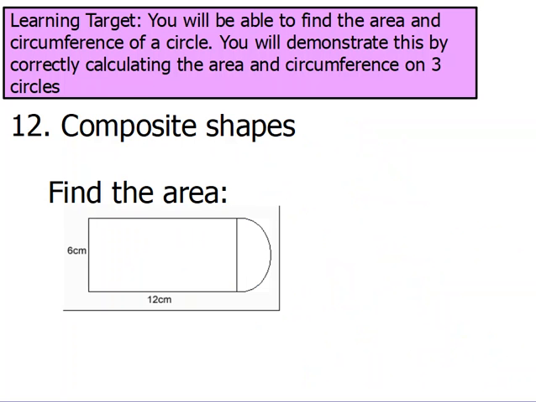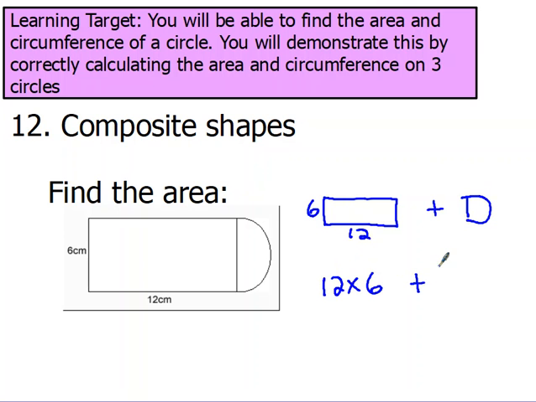Topic 13, composite shapes, finding the area. So I like to draw these out. So I have a long rectangle being added to a semicircle. This is 6 by 12. So I'm going to do length times width for that. And then I need a radius for the semicircle. I'm going to notice that this whole side is 6, so that would mean that half of that would be 3. So it's got a radius of 3.